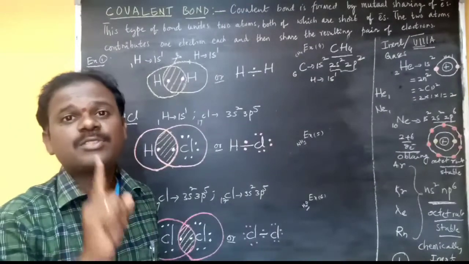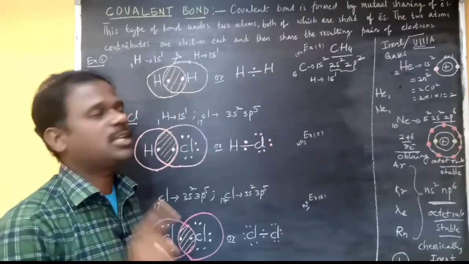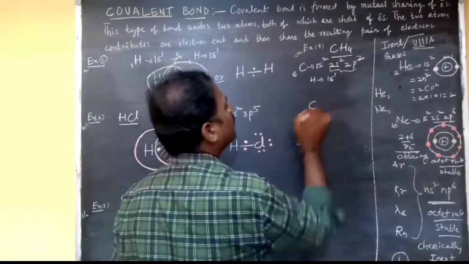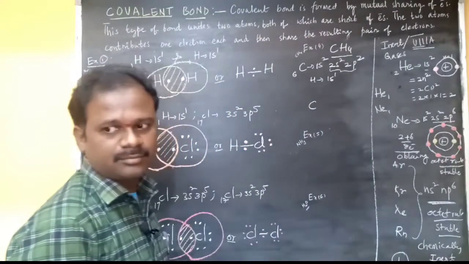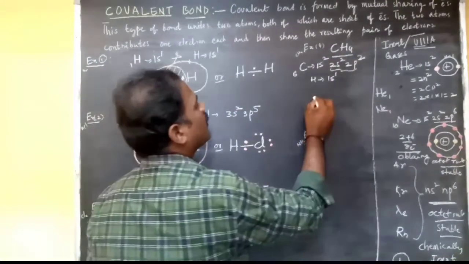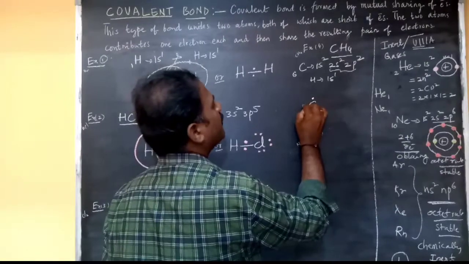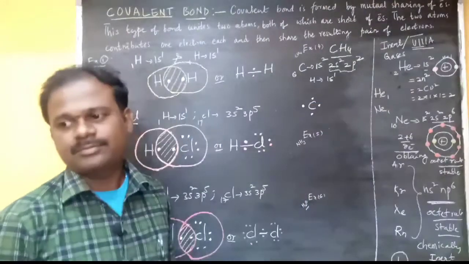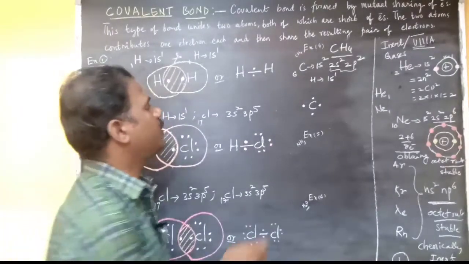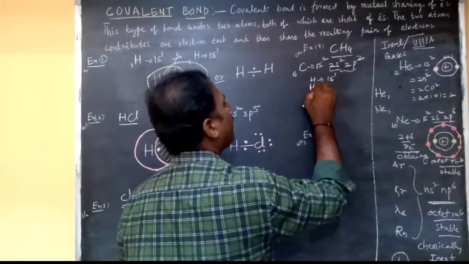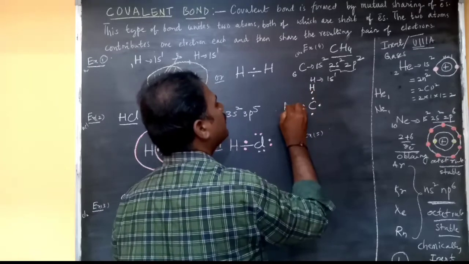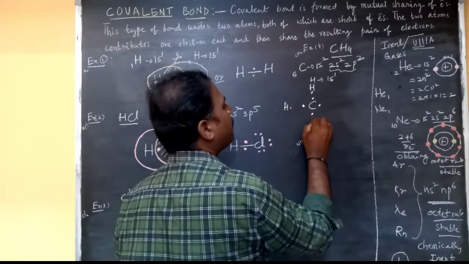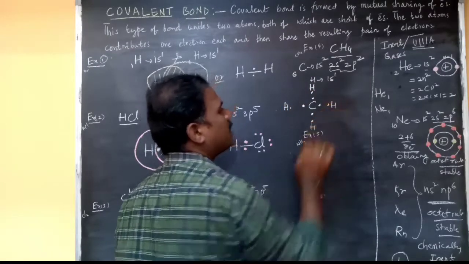The number of electrons present in the valence shell is equal to 4. So carbon contains 4 electrons, and each hydrogen contains 1 electron.